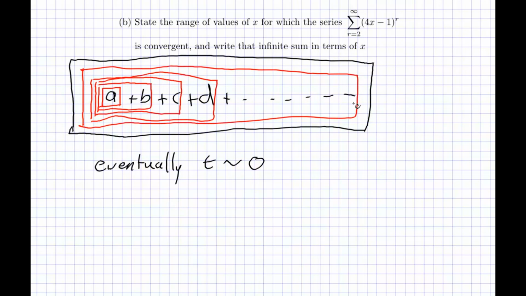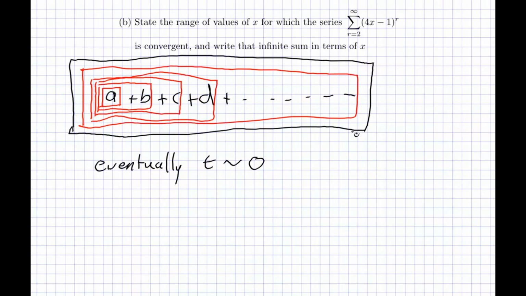So if I'm adding on, well, not quite 0, but almost 0 to this thing, it's still getting bigger. I'm adding on 0.000001. It's getting a little bit bigger, but it's not getting so big as it's going to go past this. And the number I'm adding on keeps getting smaller and smaller and smaller.